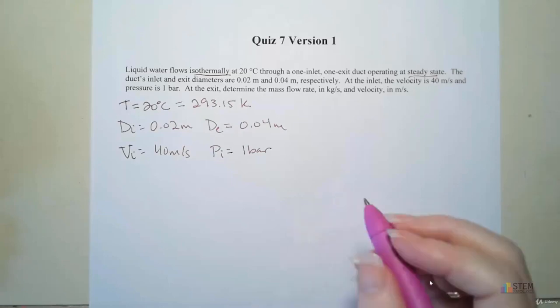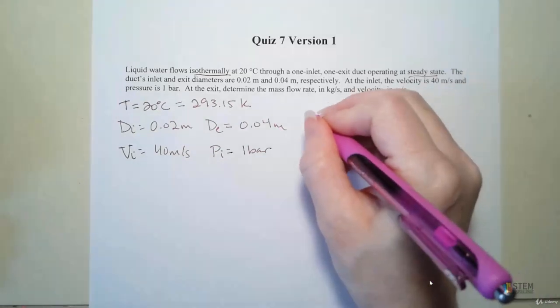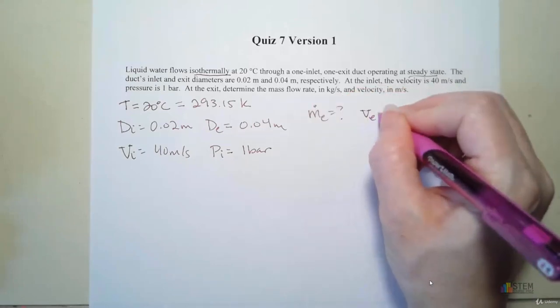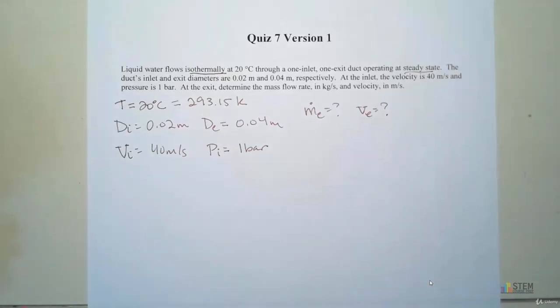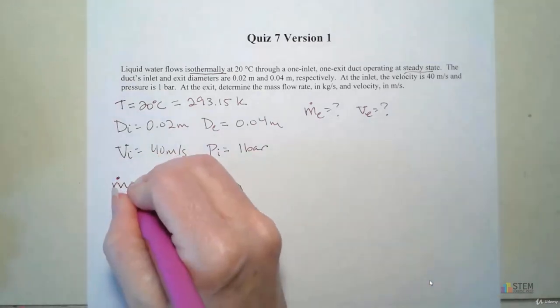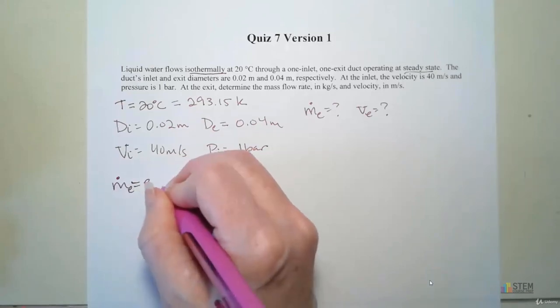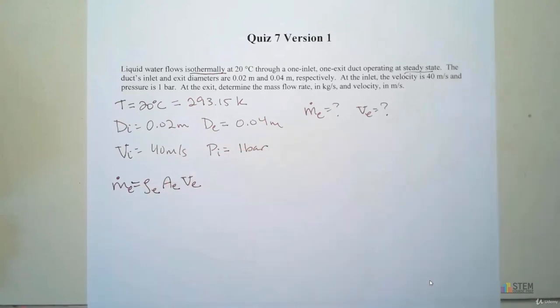And what we want to do is find mass flow rate and velocity at the exit. So we want m dot E, and then we also want VE. So those are the things that we are looking for. Now, first thing, if we're looking for a mass flow rate, let's look at our equation. We know m dot for the exit has to equal the density of the water at the exit, the area of the exit, and the velocity of the exit.